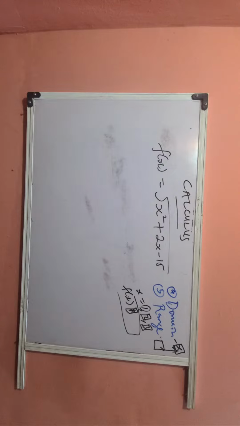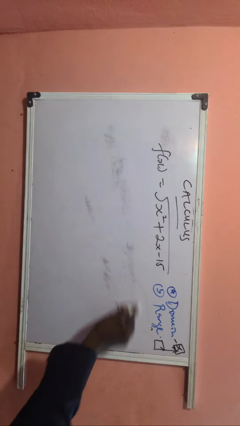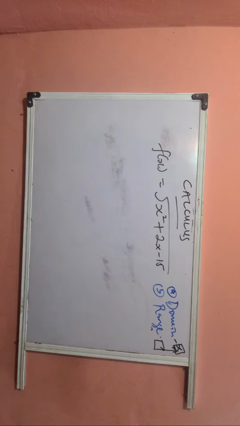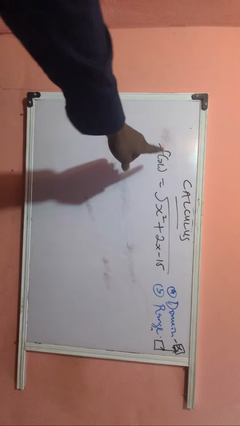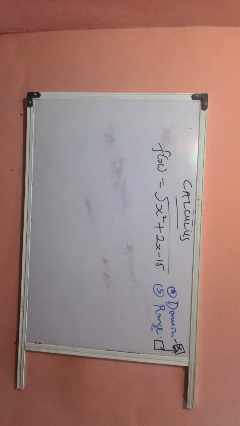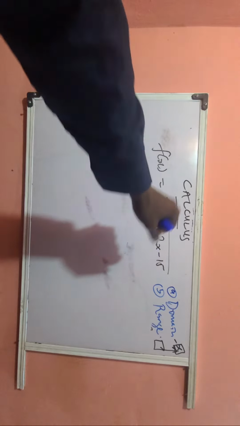So looking at this question we have right here, we have to find a way to get the domain. So what do we feel can be the possible values of x in this function? This is a function now. When you look at the orientation of this function, you can see you have a square root here.